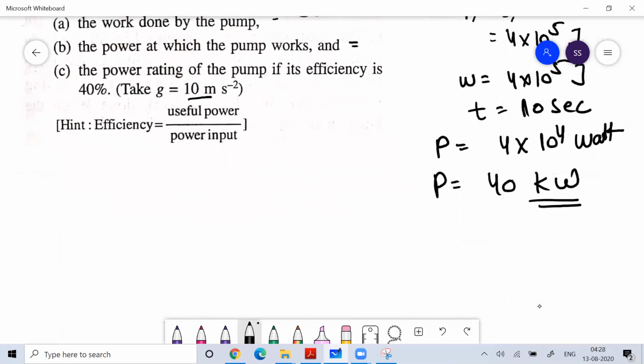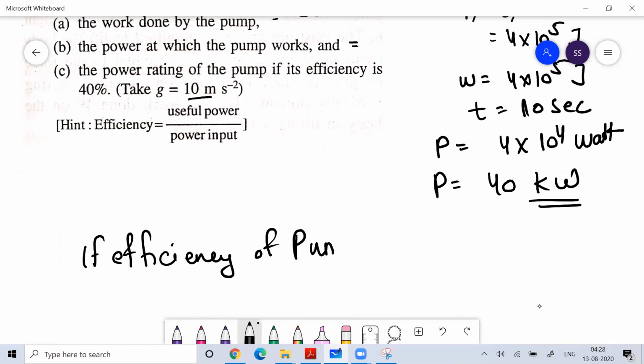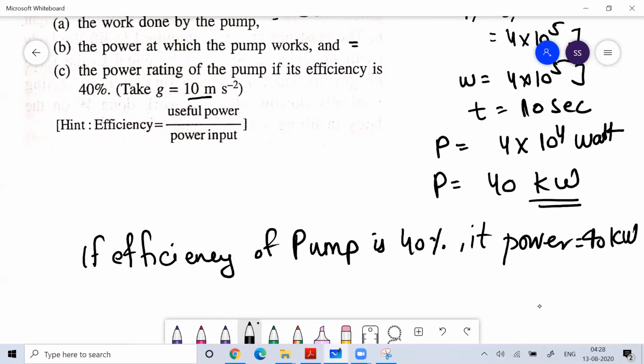If the efficiency of the pump is 40%, its power is 40 kilowatt. Now they're asking you power rating, meaning when its efficiency is 100%.